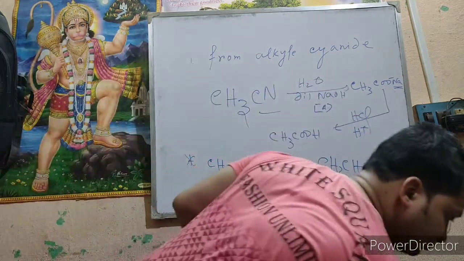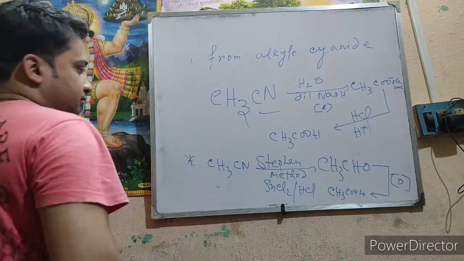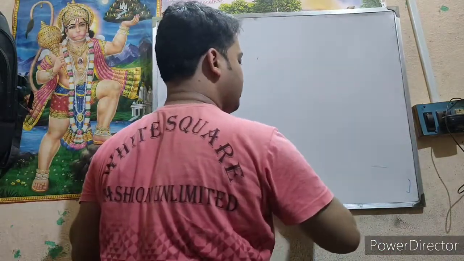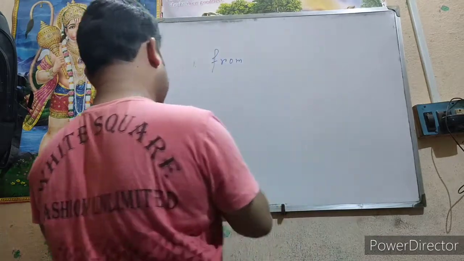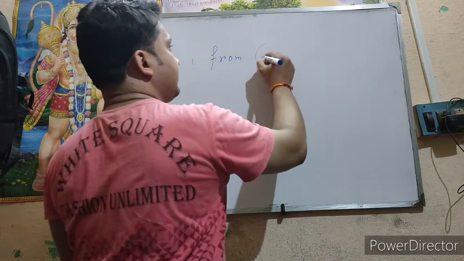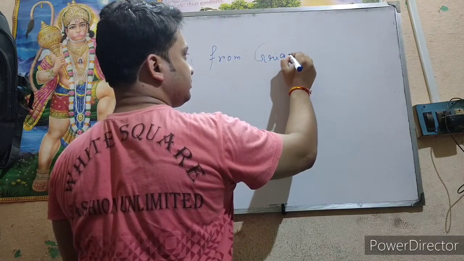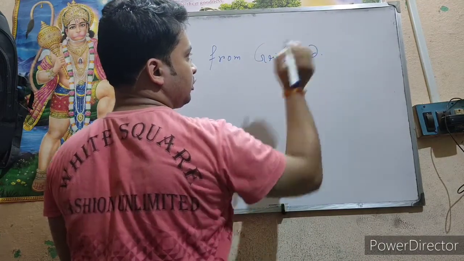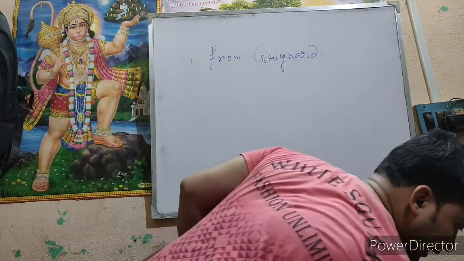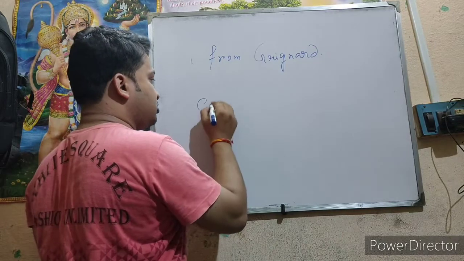Now from Grignard. So next is from Grignard. I give you CH3MgBr.